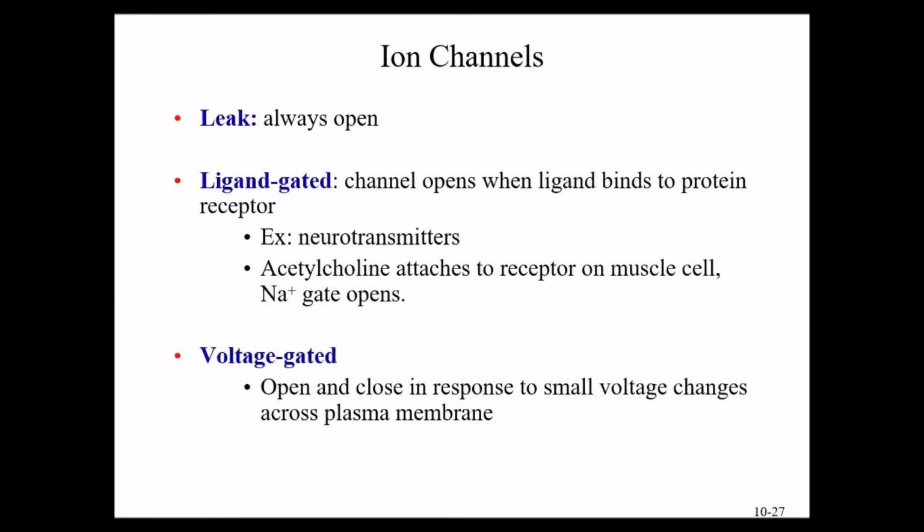It has to bind to that protein channel, and when it's bound there, the gate opens and the ion can pass through. Usually neurotransmitters work as ligands. A good example, which we'll see a little later, is acetylcholine, a neurotransmitter. When it binds to a sodium ligand-gated channel, it causes the sodium gate to open, and that allows sodium ions to move into the cell.